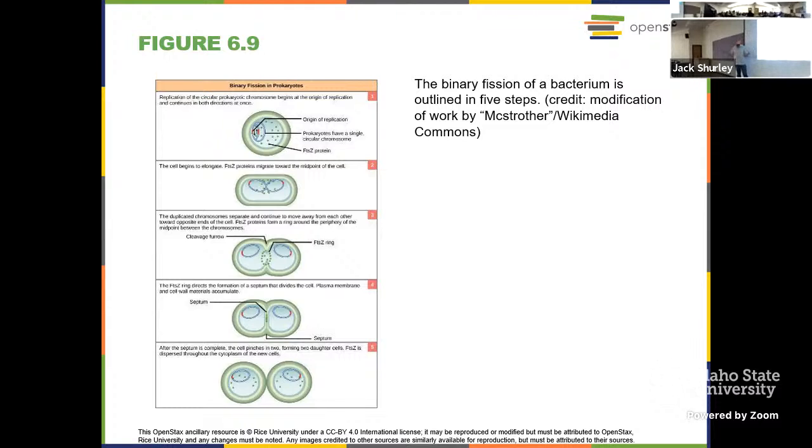So the bacteria, they're not plant cells, but it's kind of like that where we see plasma membrane plus cell wall material. There's other substances that are getting replicated in here and helping to produce this. It's not Golgi apparatus dumping cellulose at the midline, but these other substances have been generated in this process as well. And as the FTZ ring starts to constrict, it basically pinches and pulls into two new cells.